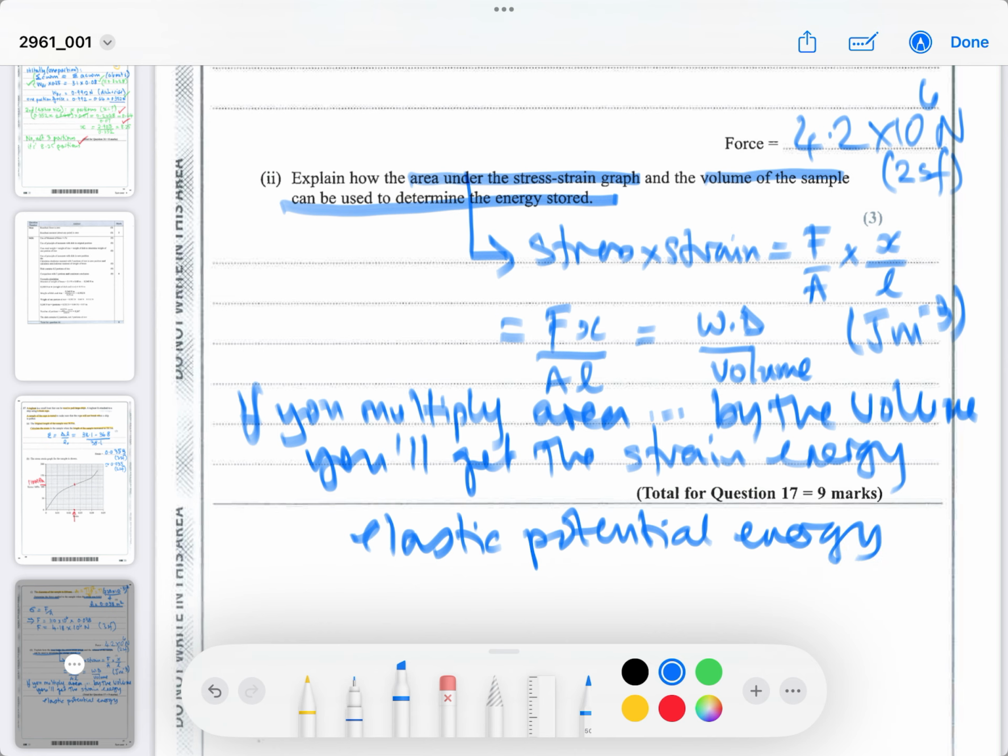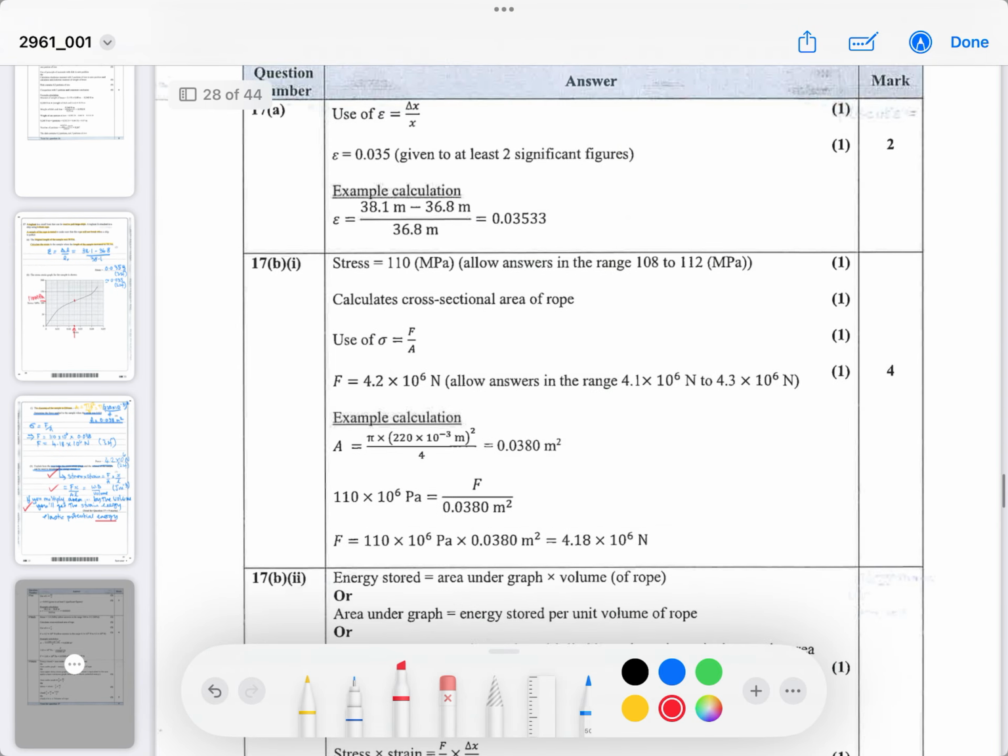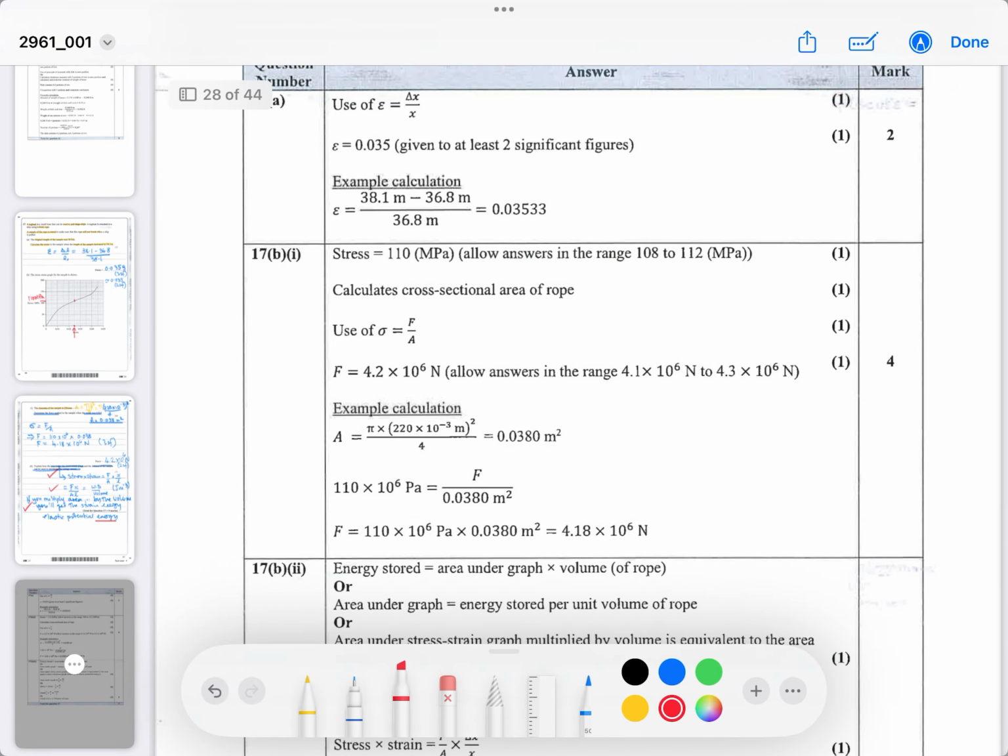I hope that makes sense. So you'll get 1 mark for doing that, 1 mark for showing us work done on volume, and 1 mark for saying that is multiplied by the volume will give you the energy rather than energy per meter cubed. All right, so the mark scheme, part A, part B.